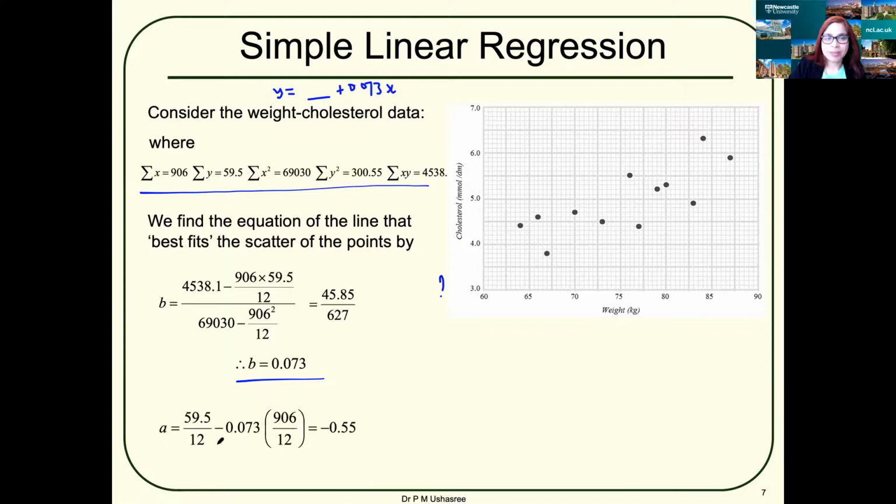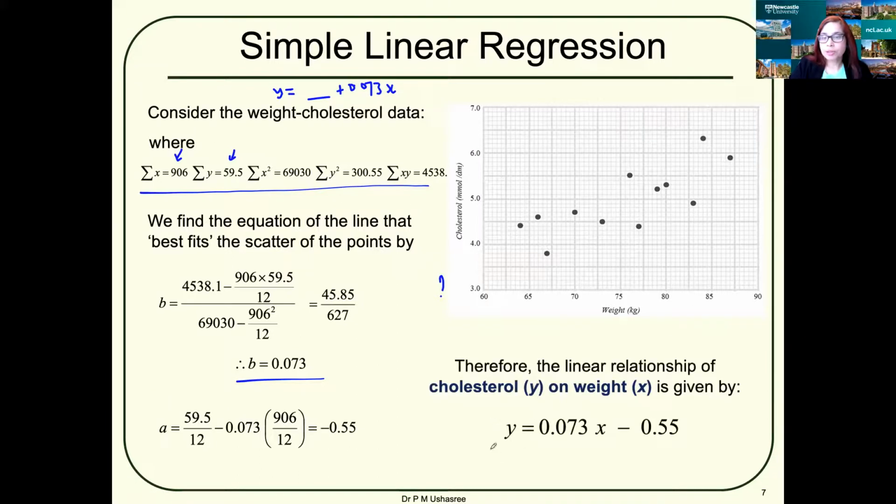So you substitute the B value, then you know sigma x, you know sigma y, and you know what is n. N is 12 because we have 12 data pairs, the bivariate data. And so you get the line of best fit as y is equal to 0.073x minus 0.55. So that is your line of best fit.